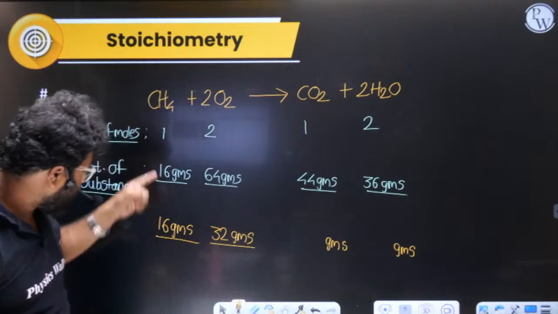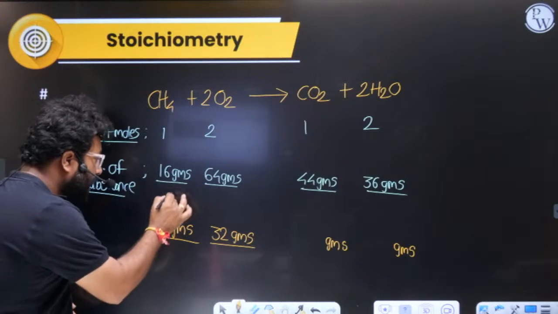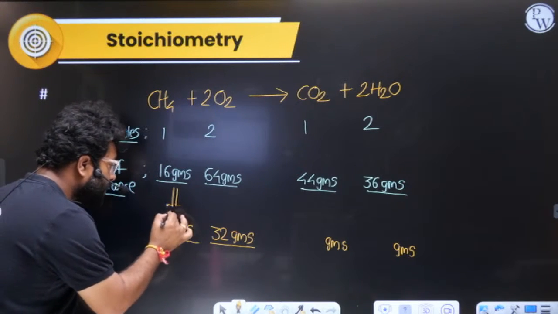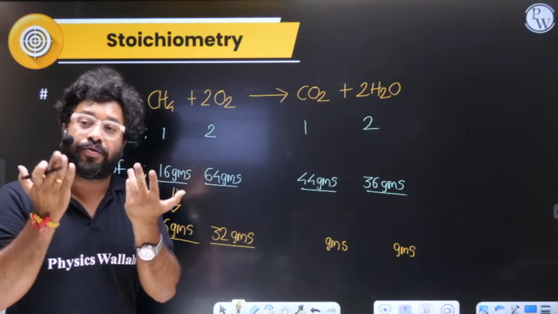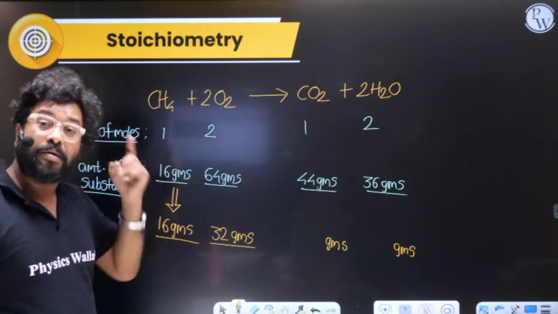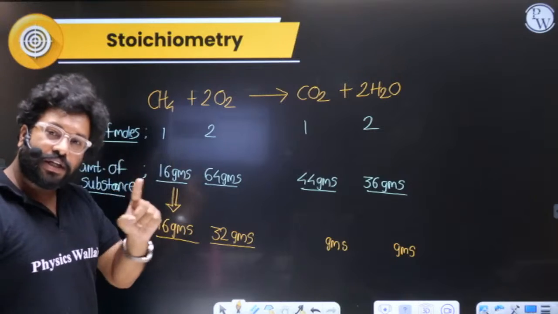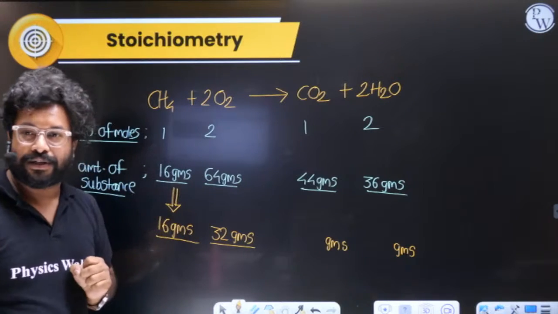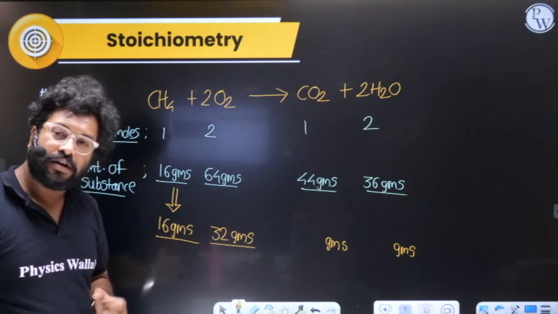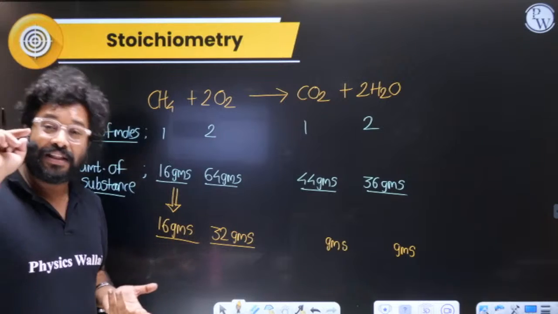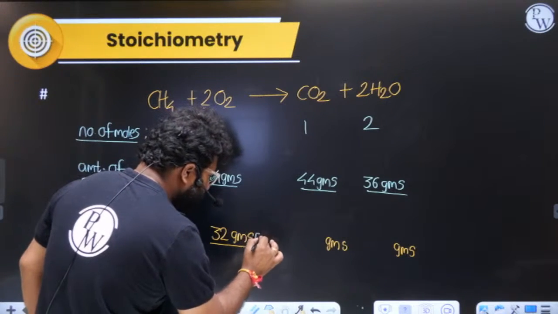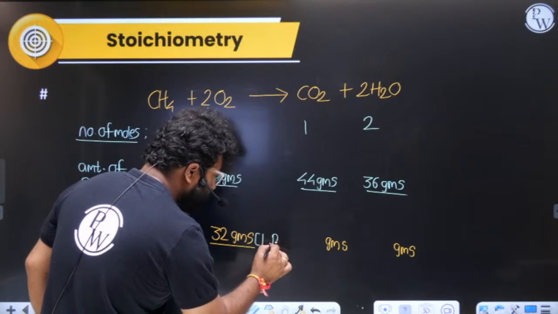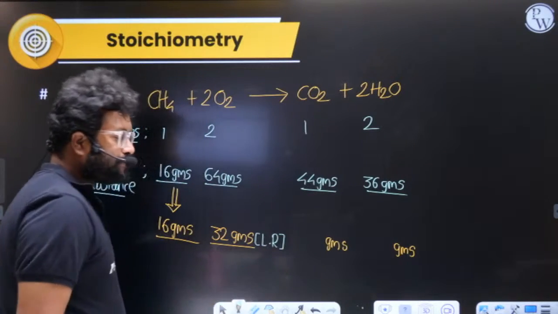Now, here you do have 16 grams of methane. But the oxygen that you need here is 64 grams. But how much oxygen do we have here? 32 grams. That means in this case, your oxygen is going to be what? LR. LR means what? Limiting reagent.